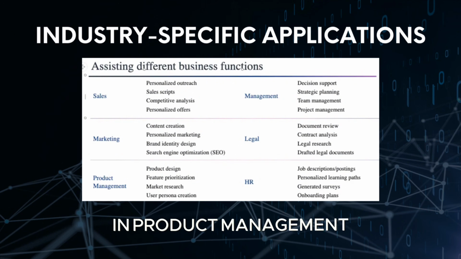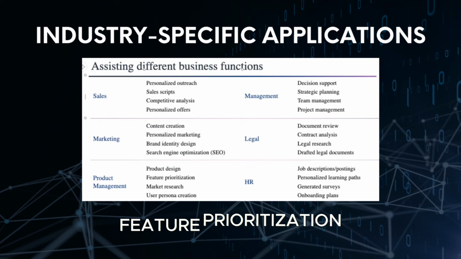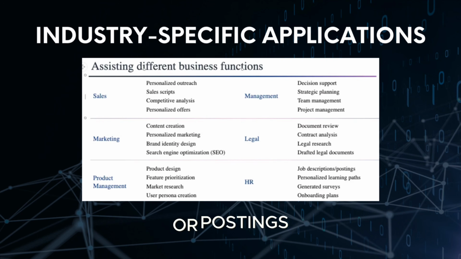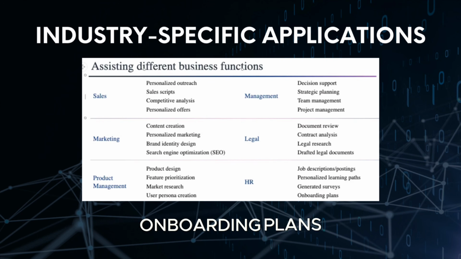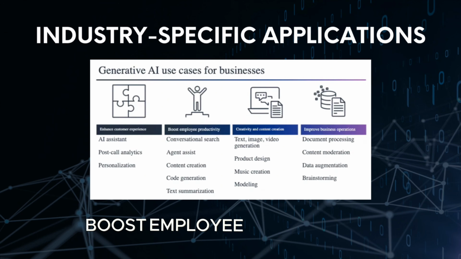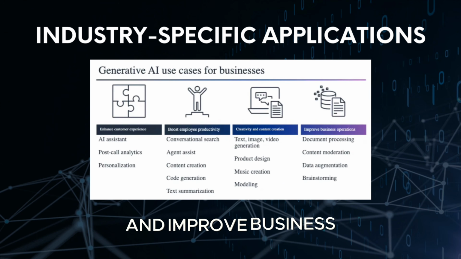In product management, it could do product design, feature prioritization, market research, and user persona creation. And then in HR, it could do job descriptions or postings, personalized learning paths, generated surveys, and onboarding plans. So overall, it could enhance customer experience, boost employee productivity, boost creativity and content creation, and improve business operations.